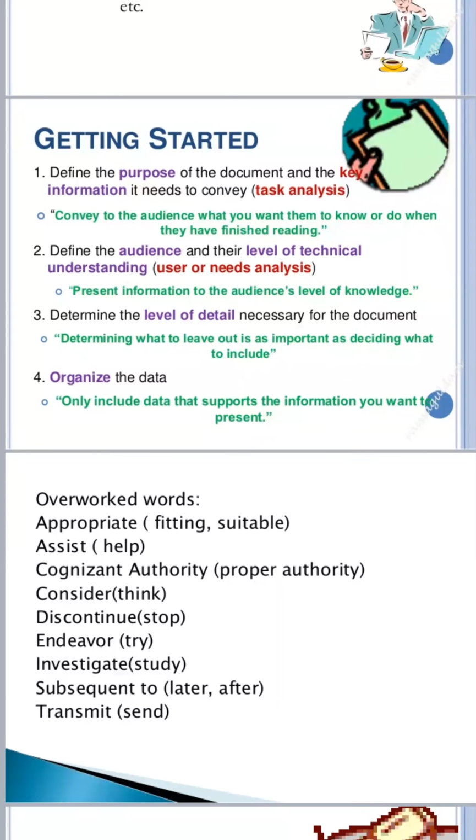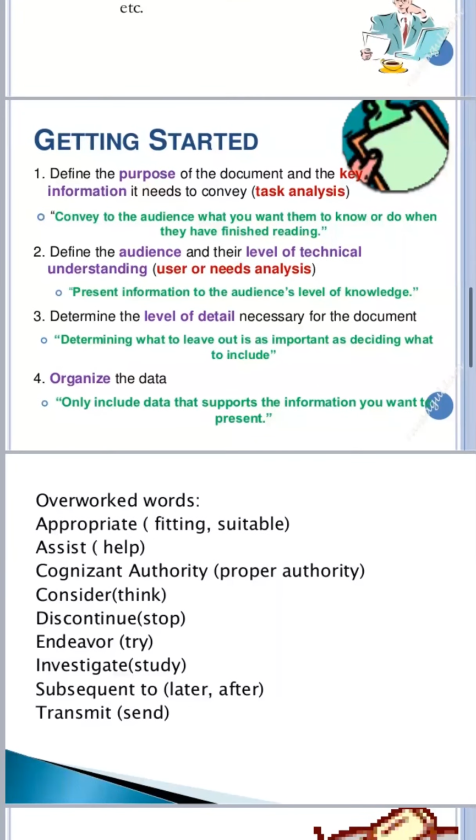If you have written any information without supporting information, that means you haven't completed your details, and your audience is not going to understand the message you have conveyed through that documentation. So we have to write complete details. If a document requires invoices of your product, you have to send that invoice along with that letter, memo, or report.